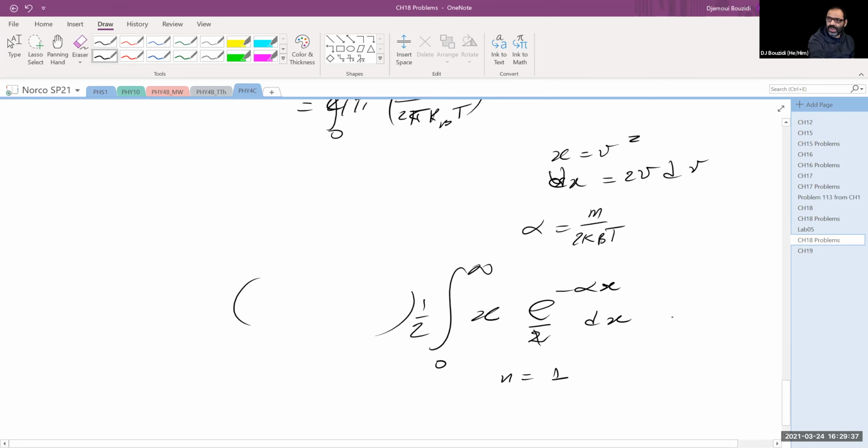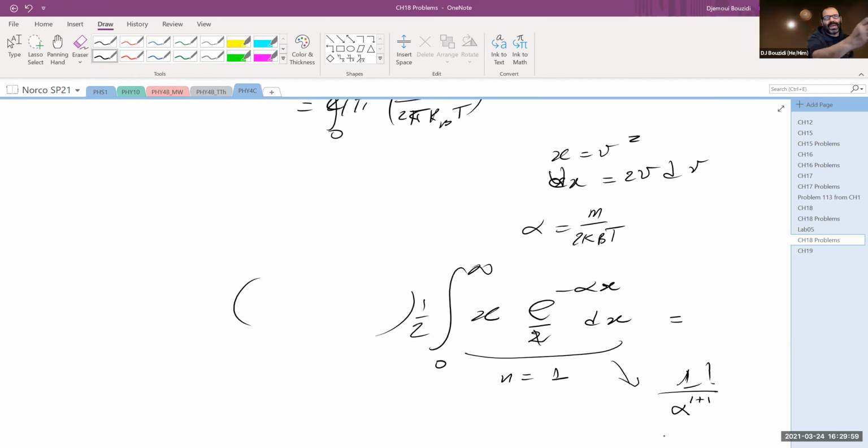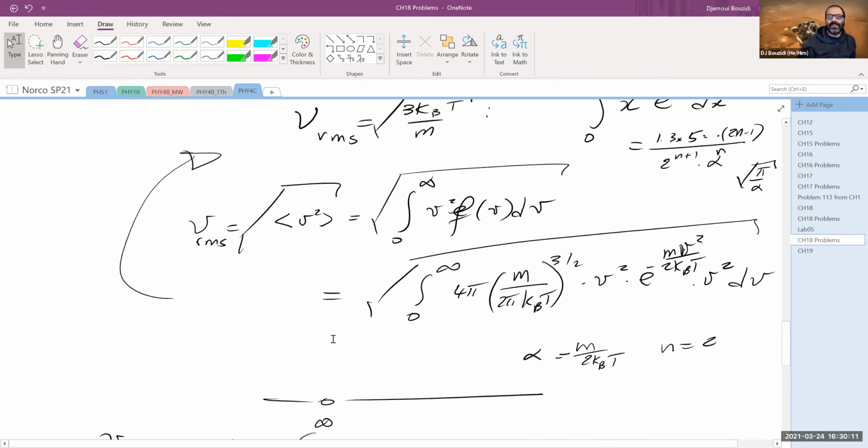And if you do that, this integral only becomes 1 factorial, which is 1, over alpha to the power n plus 1, which is 1 plus 1, alpha squared. So you apply that, you don't really have to do this integral. It's already done for you. And you get the answer, and you multiply it by the rest of the stuff, and you're going to find the average velocity. So this is some of the stuff that we found last time, but we didn't do. So this is problems 73 and 76 at the same time.